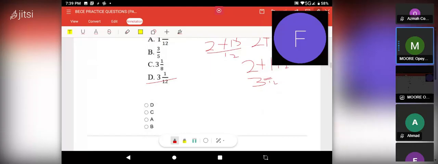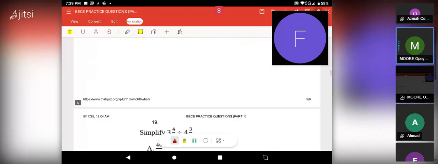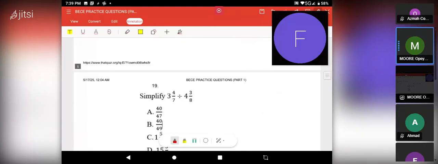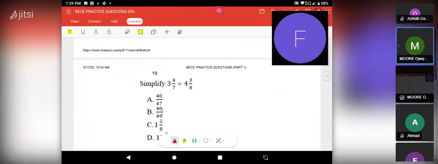The next question is this. Simplify 3 whole 4 over 7 divided by 4 whole 3 over 8. Whenever we are doing multiplication and division of fractions, we don't look for the LCM. It's different from when we are doing addition and subtraction. So this is division.